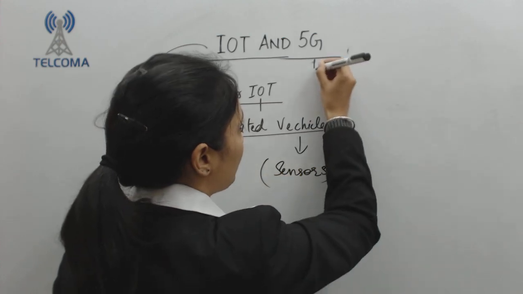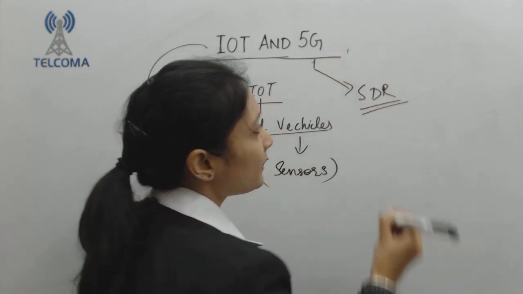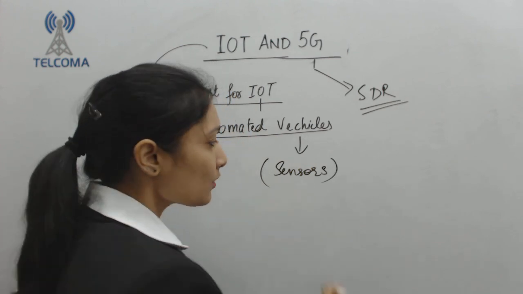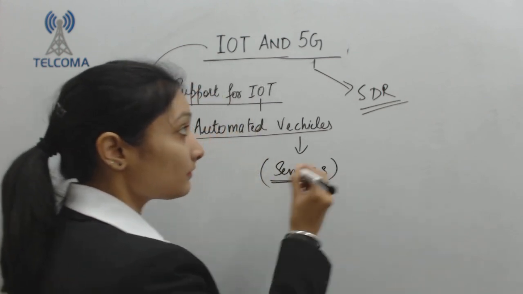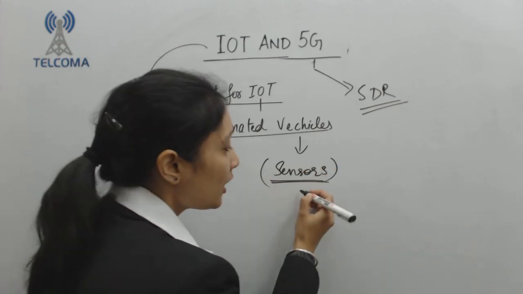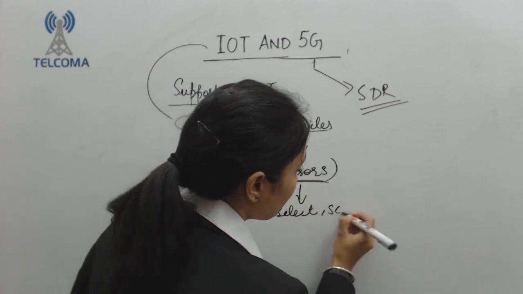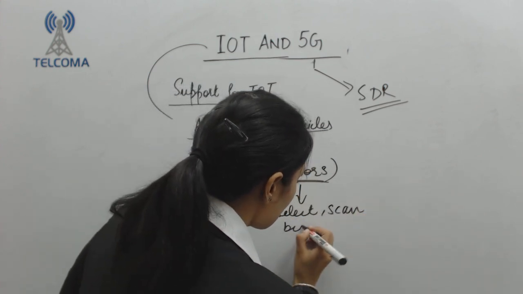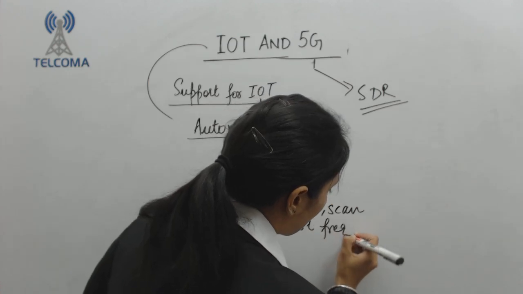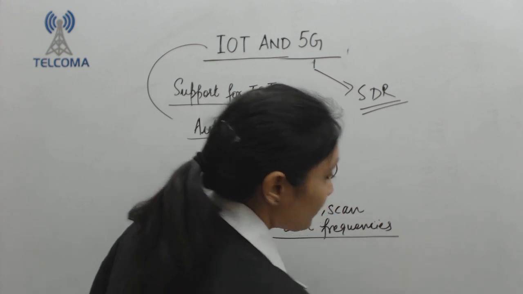Now, we say that it is using SDR, your software defined radios, your smart radio system. So these sensors, with 5G as a support, will be able to select and scan the best frequencies which are available for transfer.